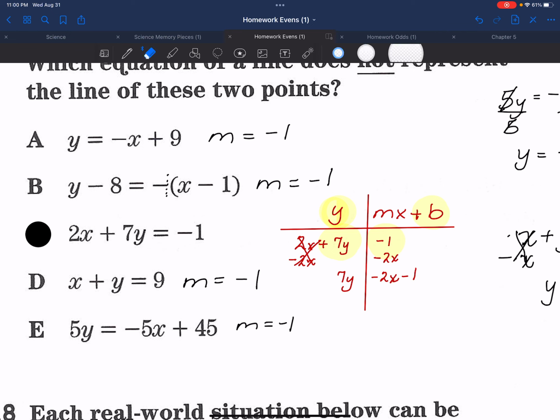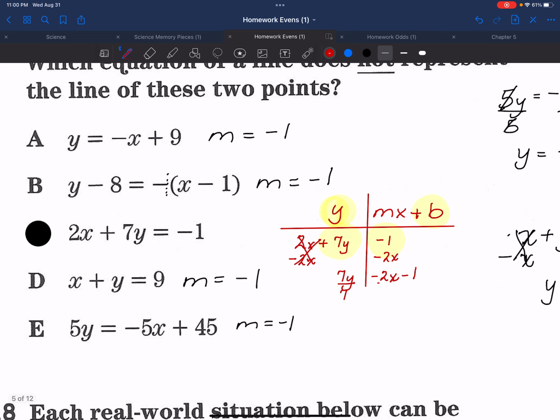Now you might be thinking that's negative 2 slope, but we don't have a single y. We have a 7. So let's divide both sides by 7. So we're left with y equals negative 2/7 x minus 1/7.